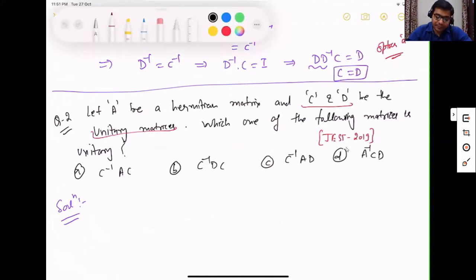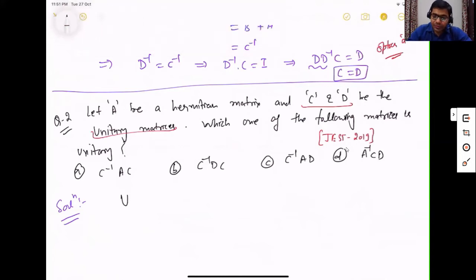If we have a square matrix U such that U U dagger is equal to the identity matrix, then U is called a unitary matrix, where U dagger means the complex conjugate and then the transpose of the matrix. Taking the transpose means you convert columns into rows and rows into columns.